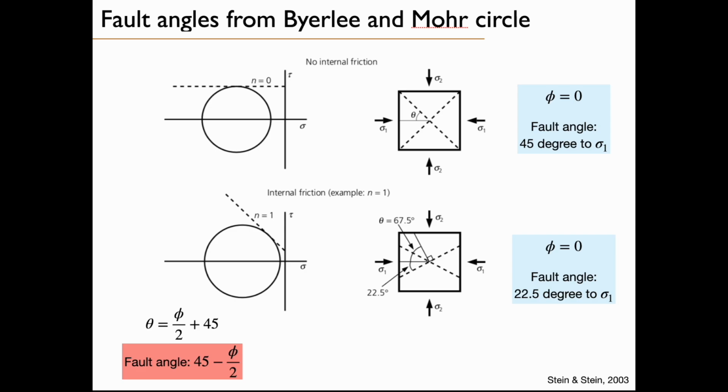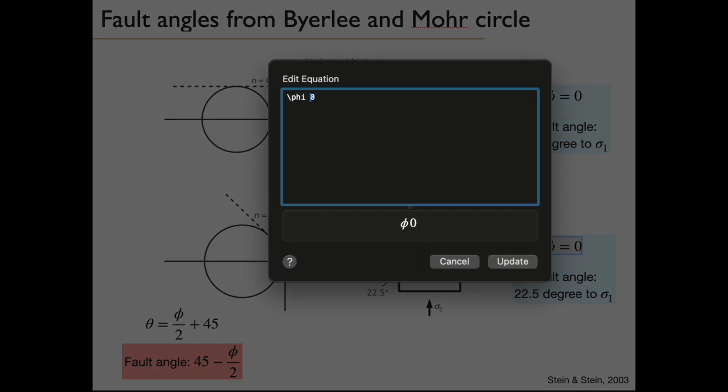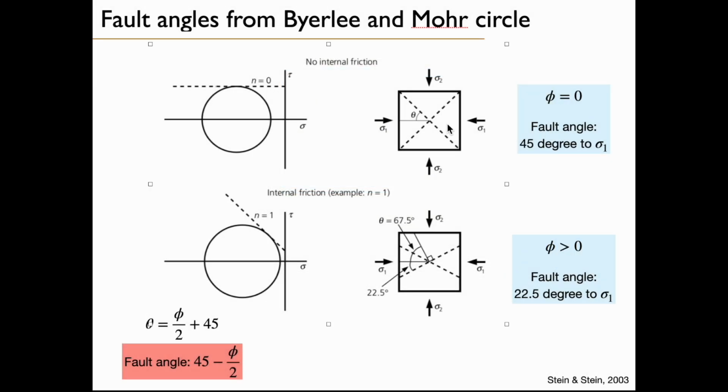Now let's make two examples. One example where the friction angle is set to 0, and one example where the friction angle is larger than 0. So in that example, if the friction angle is equal to 0, the fault angle will be 45 degrees minus 0 divided by 2.